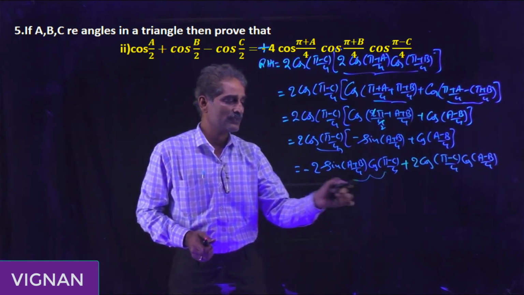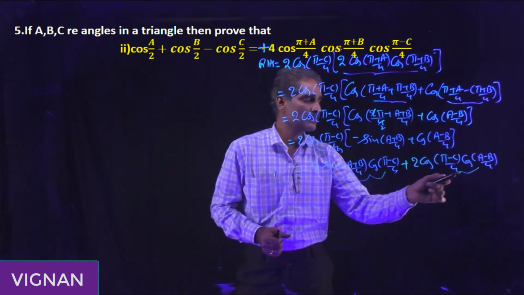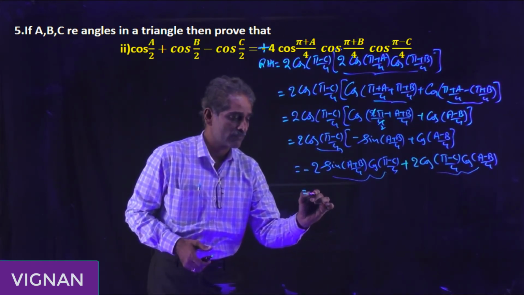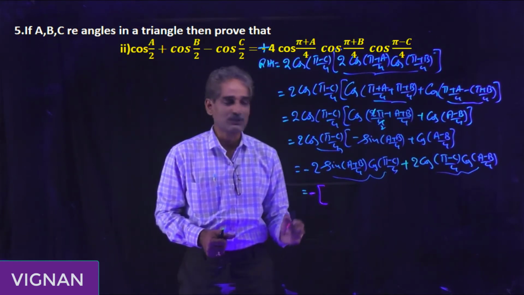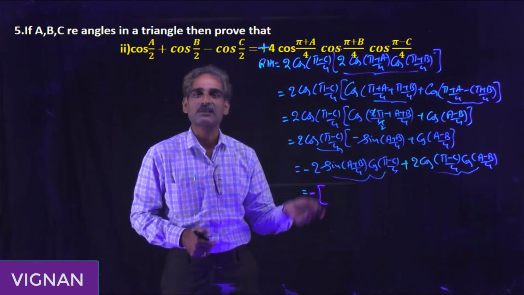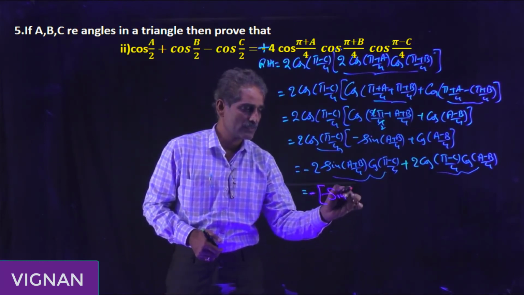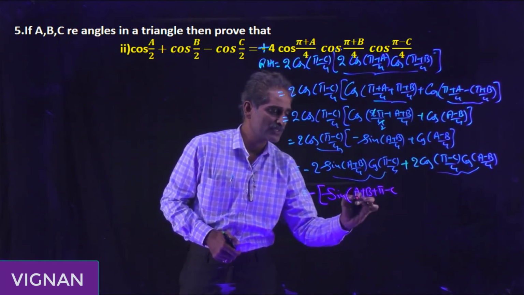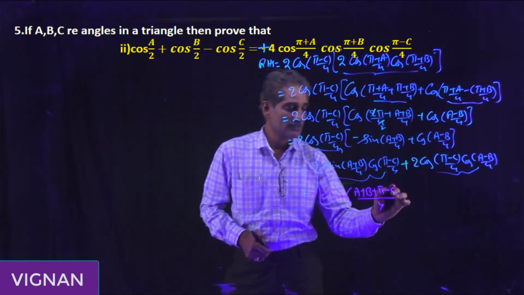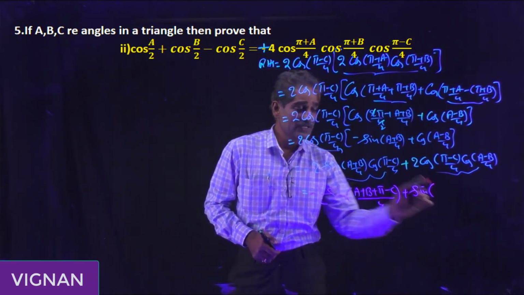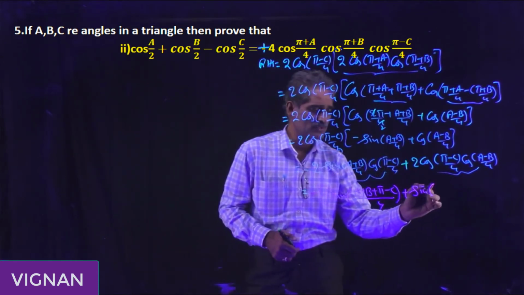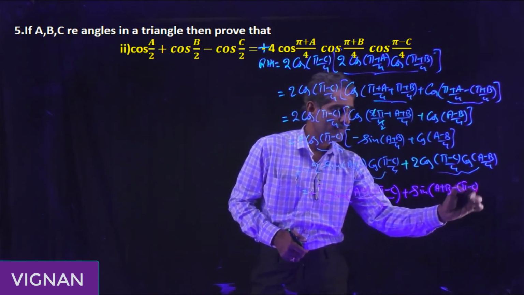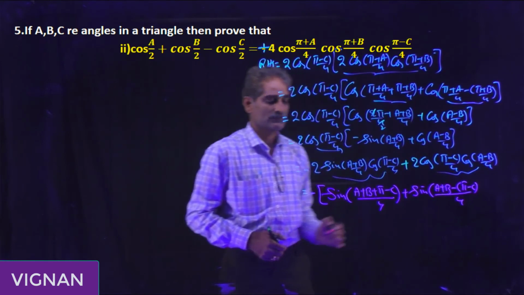Just apply the formula for 2 sin A cos B and here 2 cos A cos B. So here 2 sin A cos B means minus 2 sin A cos B: sin of (A plus B) plus sin of (A minus B). Sin of (A plus B) plus (pi minus C) by 4, okay, plus sin of (A minus B), the denominator is the same, so write directly: (A plus B) minus (pi minus C) by 4, okay.